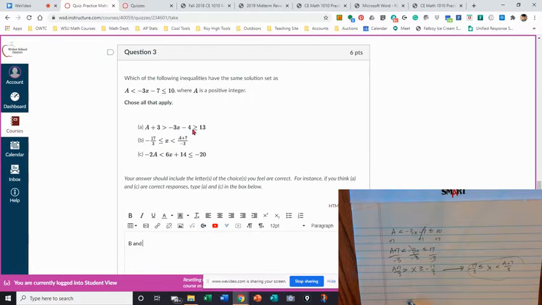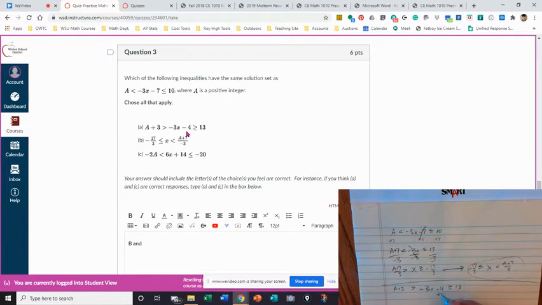Now, check this out. If I was to look at this A, if I add 4 over here, that's going to give me 17, and then I divide by negative 3. So let's talk about this one. Negative 3x minus 4 is greater than negative 13, and it's, of course, less than a plus 3.